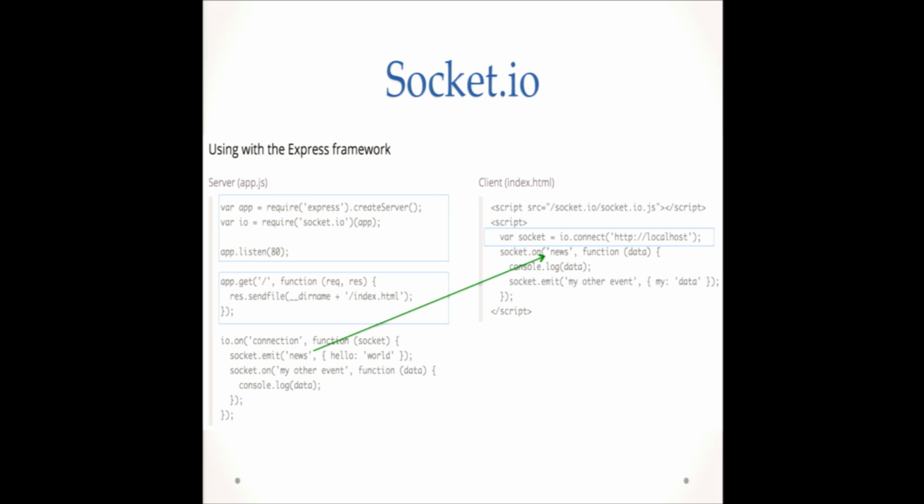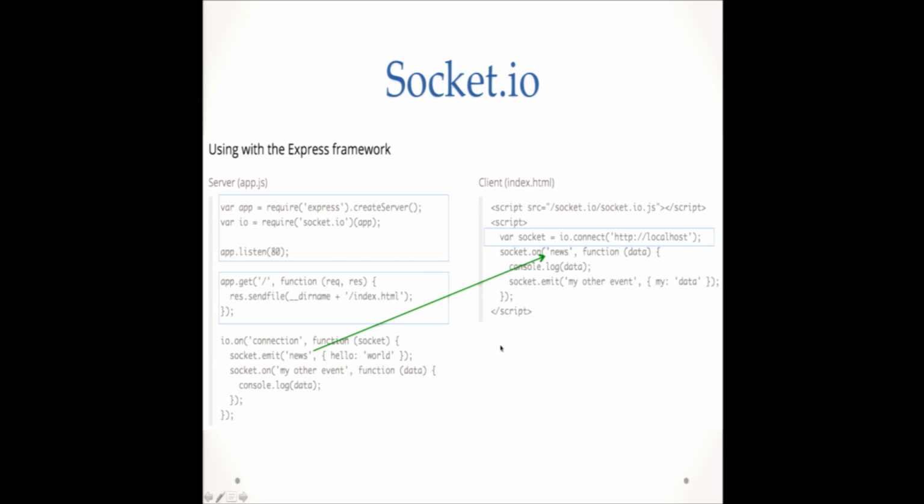So in this case, after I connect, we're going to emit an event. As you can see, it just takes two parameters. The first one is the name of the message, and the second one is the data that you want to send back.